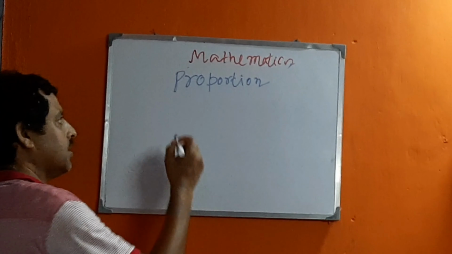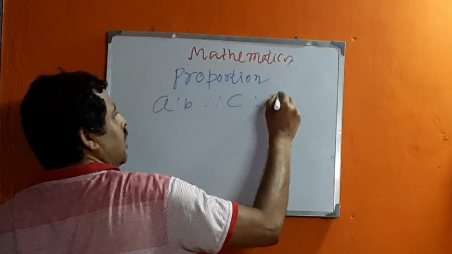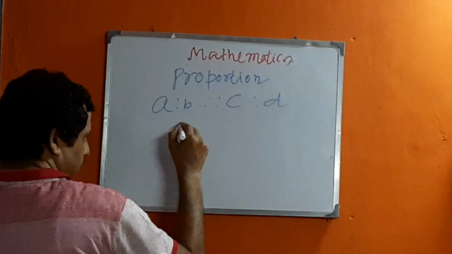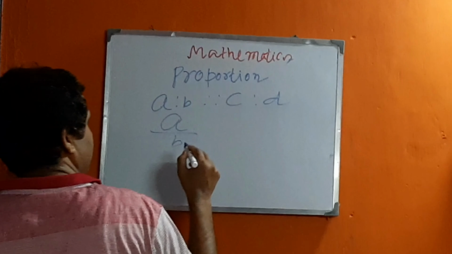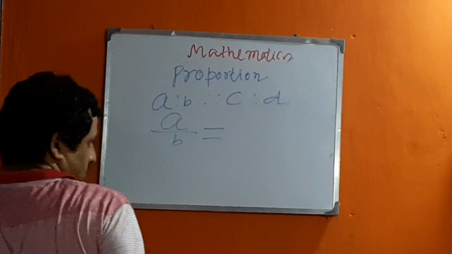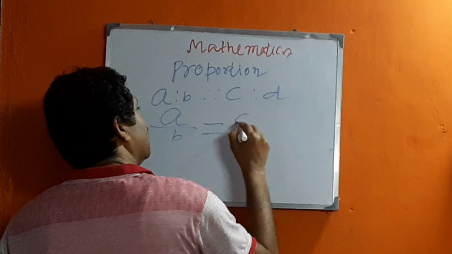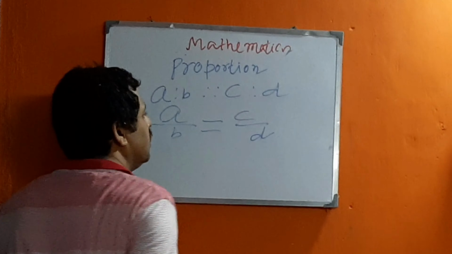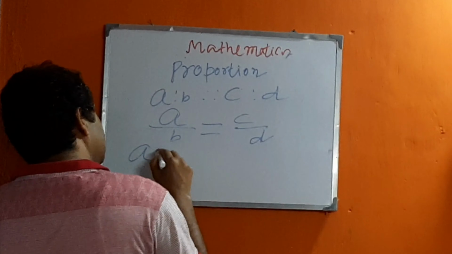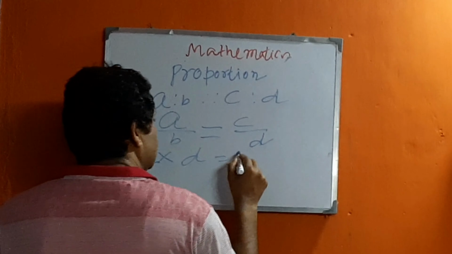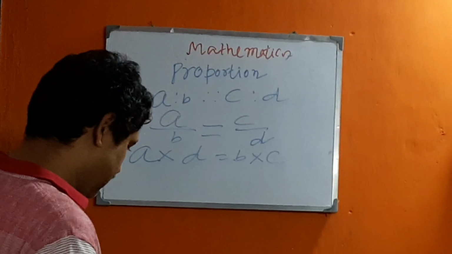We have A is to B proportional to C is to D. That means it is written as A by B, and in place of proportion we may give the sign of equality, equals C by D. We have A into D equals B into C by cross multiplication.